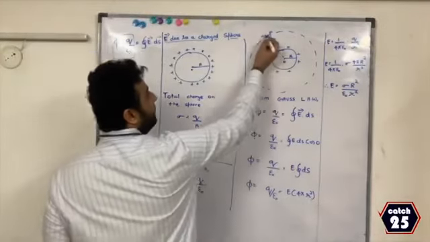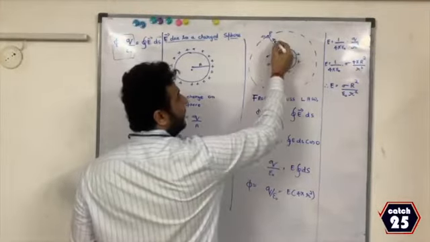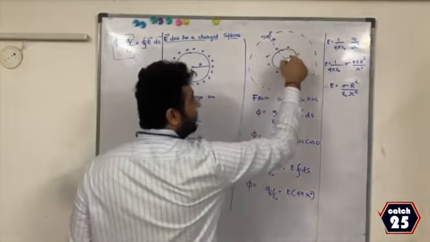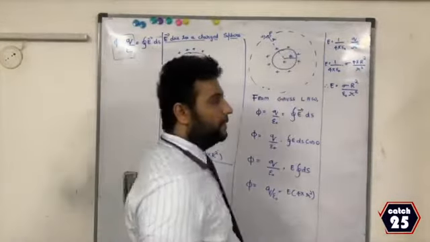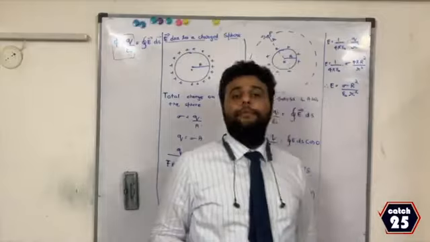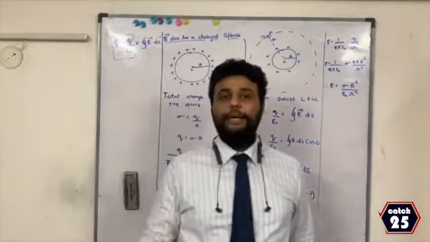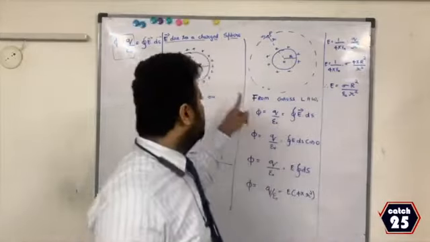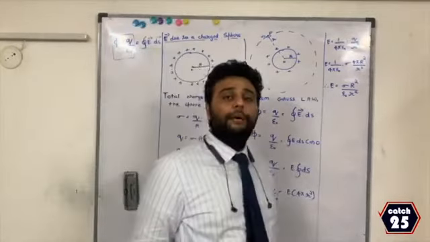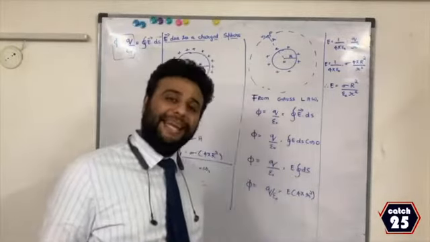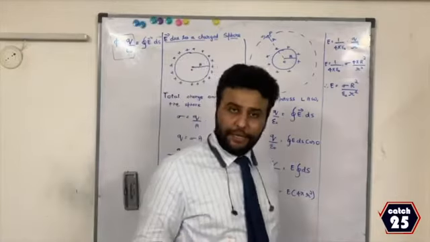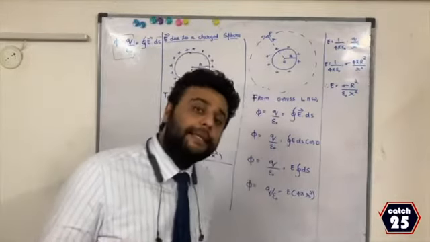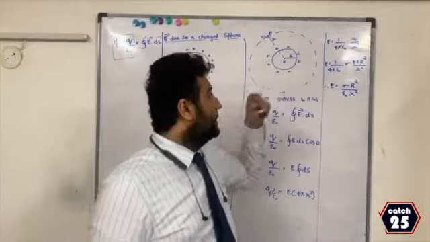Now let me take a point P at a distance small letter r from the charged conducting sphere, because what is the question? I have to find electric field at a point outside a charged conducting sphere. So first I took a charged conducting sphere. Now I'll take a point P which is outside it at a distance of small letter r.